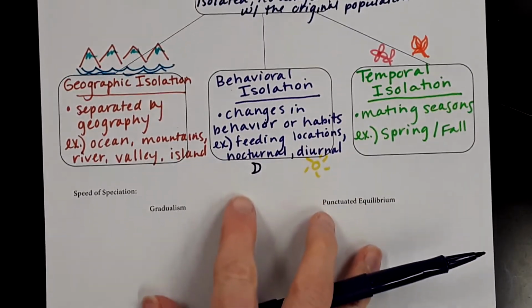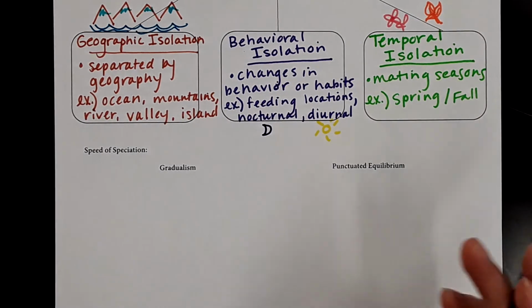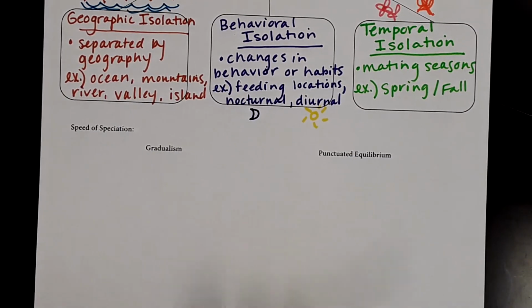The other question that people have about speciation is, how long does this take? When we're talking about evolution, we said that this is something that can take a very long time. It can happen slow and gradual.